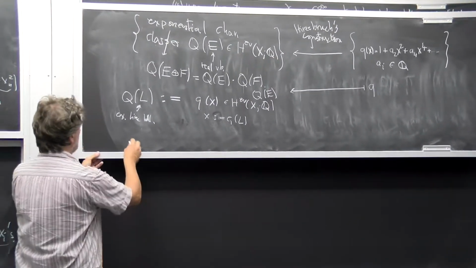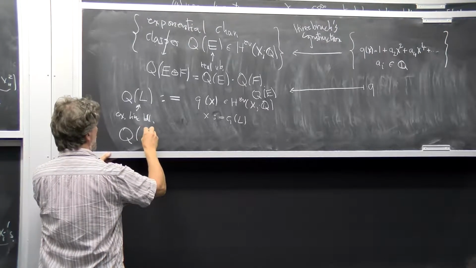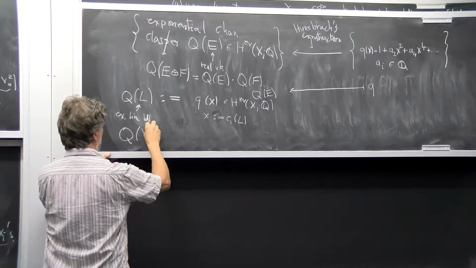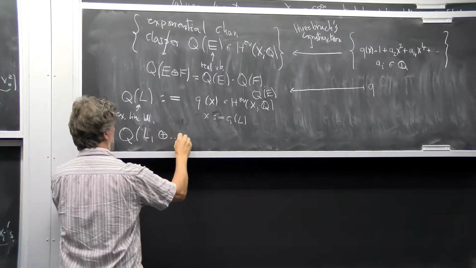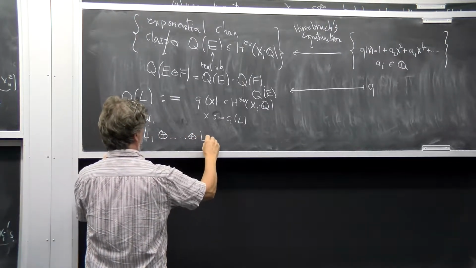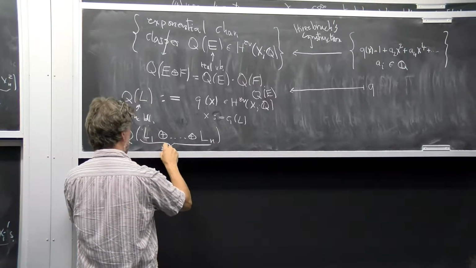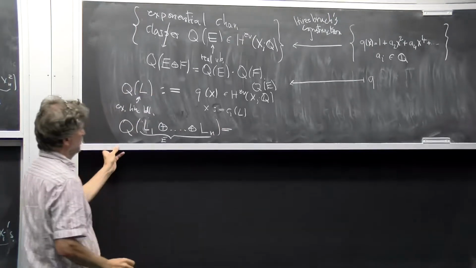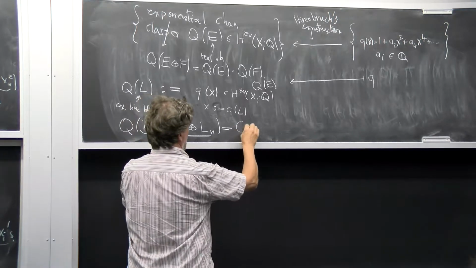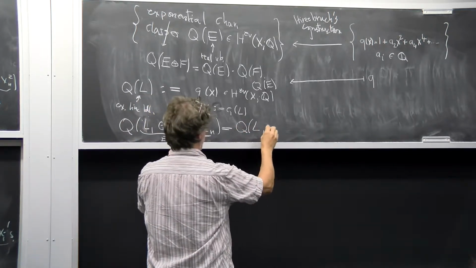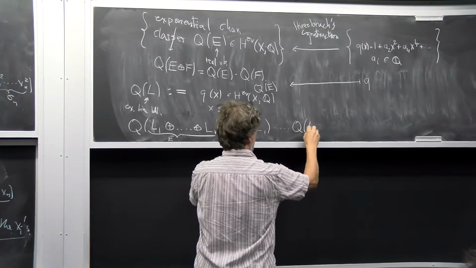Okay, so how do I do it for a vector bundle E, which is a sum of these things? Well, it's supposed to be multiplicative, so that better be the product of Q applied to each of these line bundles.